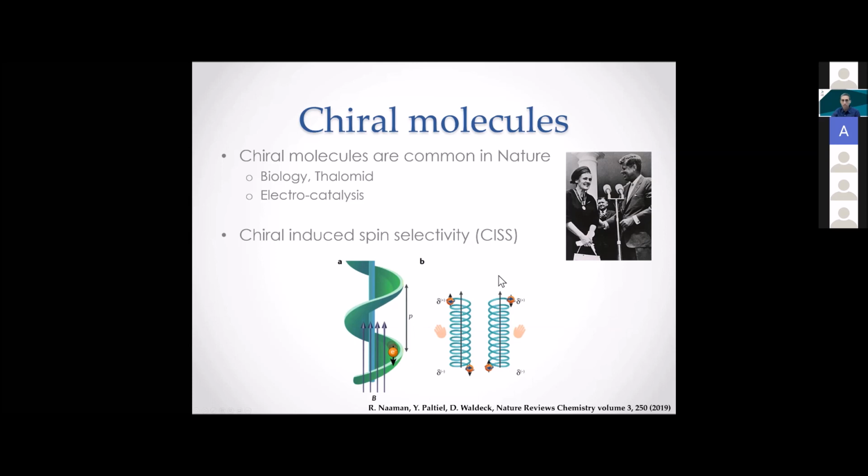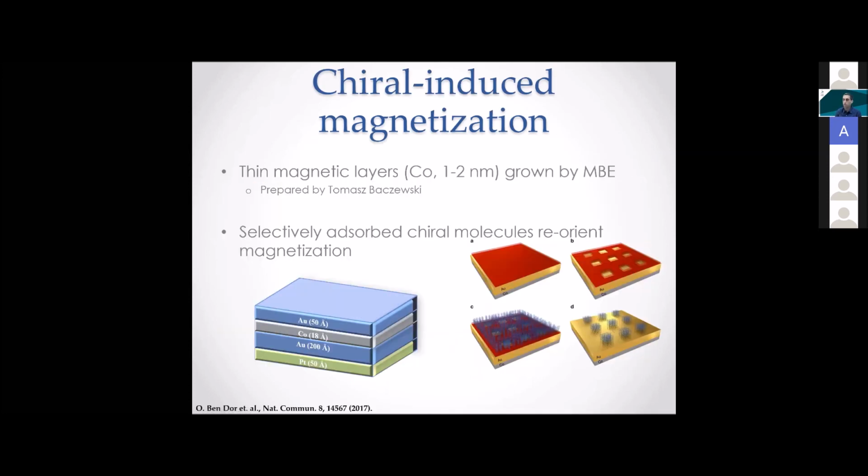In addition to this transport effect, to the filtering of spin due to the chiral structure, it has been realized that the chirality of the structure of these molecules can affect magnetic layers. An example of this was shown a few years ago in the group of Yossi Paltiel, where a thin cobalt layer, 18 angstroms, capped by gold, was subjected to the adsorption of chiral molecules in specific regions.